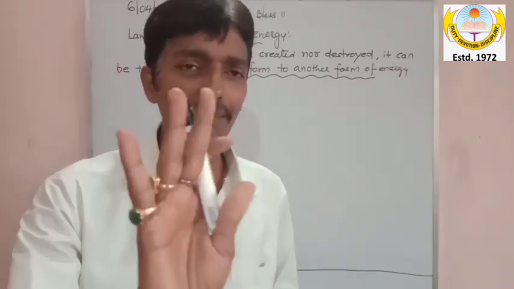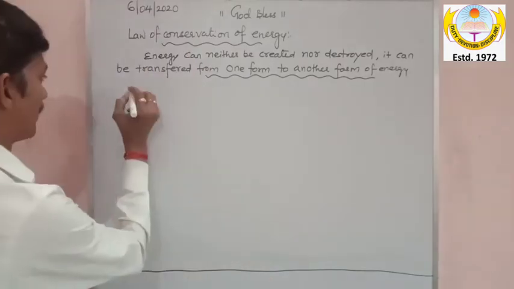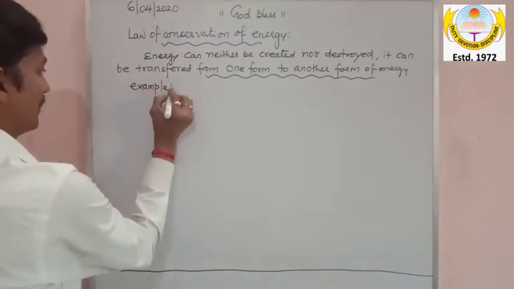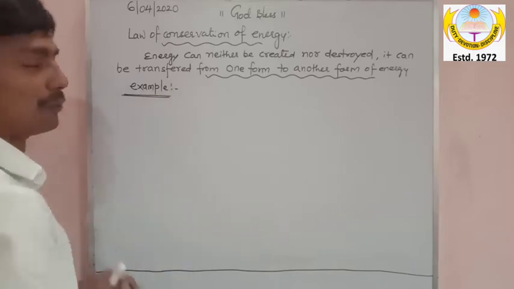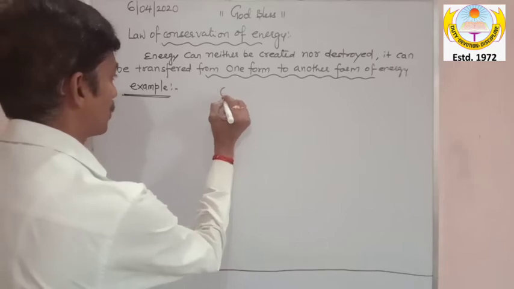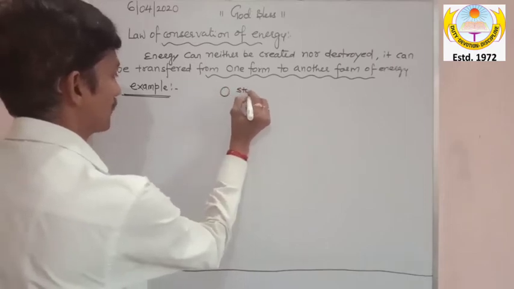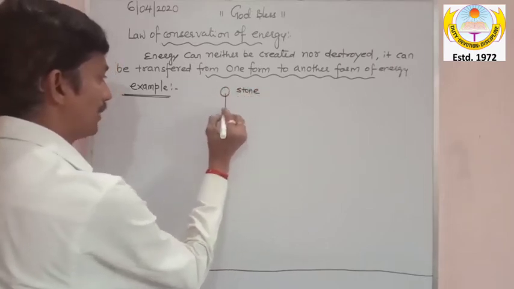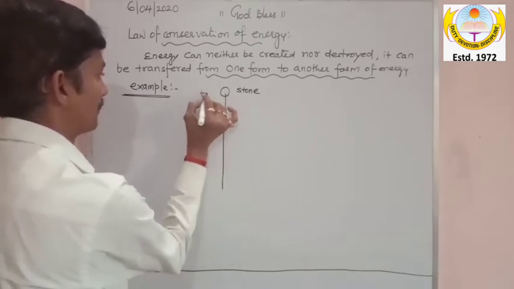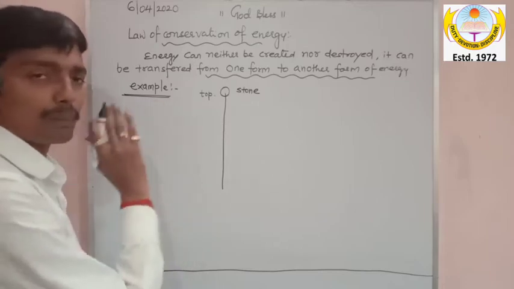Now, my dear, I am giving you an example. Try to understand this example. For example, there is a stone, and this stone is falling from the top. At the top, what will be there?